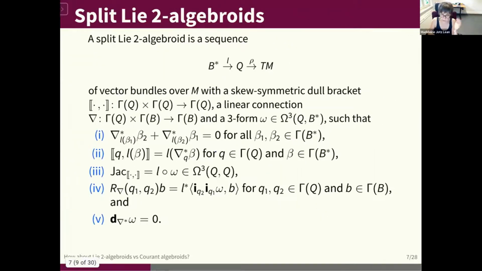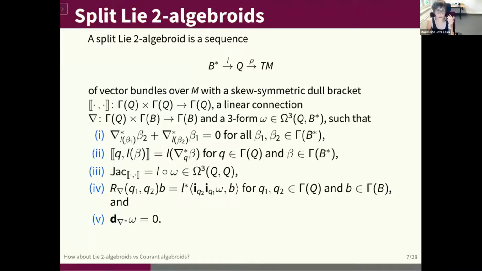And on the other hand, we had Lie-2 algebroids. So Lie-2 algebroids, we had the definition as a special sheaf and a homological vector field. But I said that 2-manifolds can always be split, non-canonically, but still, when you split the 2-manifolds, then your homological vector field will boil down to some structures.